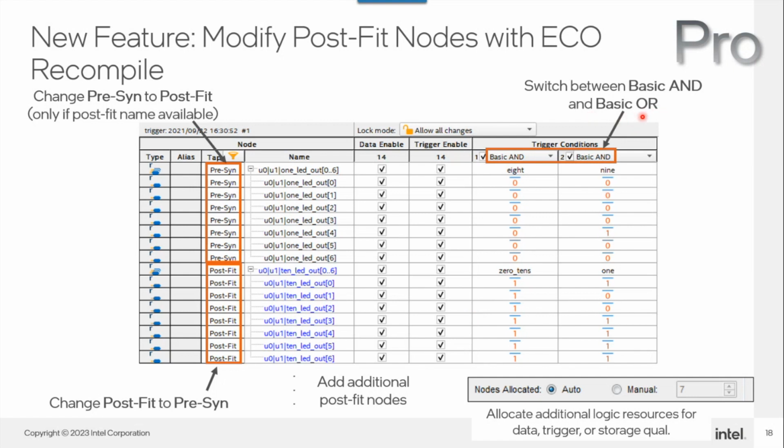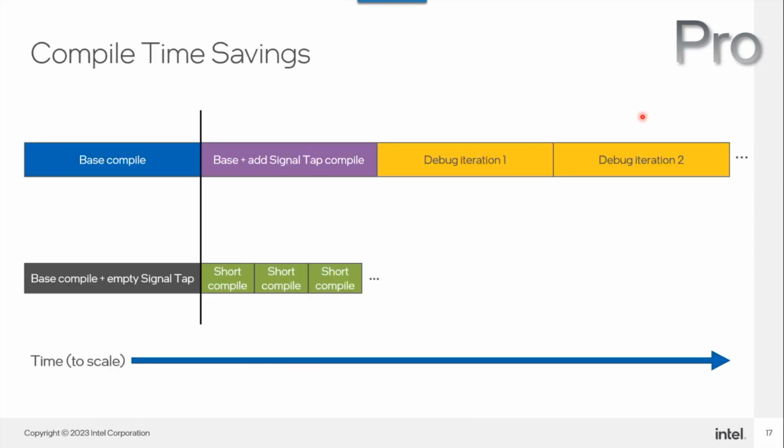Quick question. Could you explain exactly what is an empty Signal Tap? You brought that up in the last one, in the chart about doing that initial compile with an empty Signal Tap. Could you explain a little bit more what that is? Sure. Yeah, I didn't explain that. That's just creating an STP file and making it part of the design, and then basically not doing anything with it. So you haven't added any nodes to it.